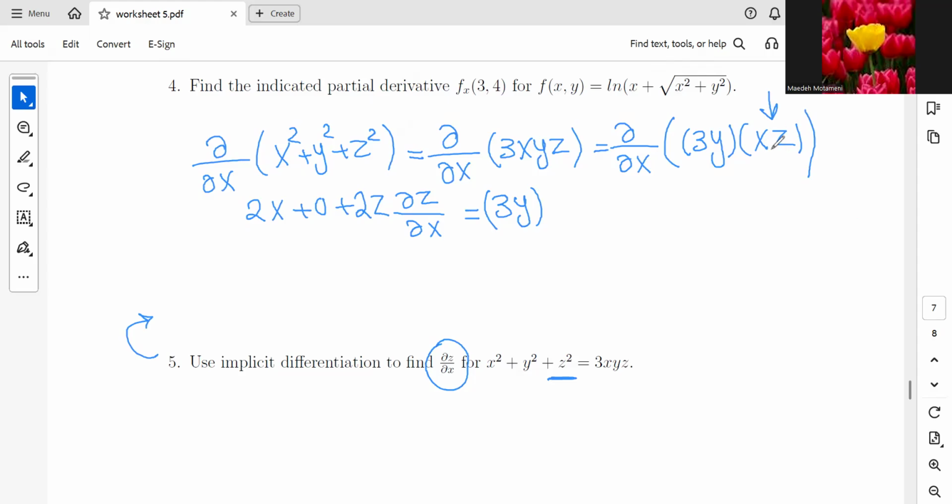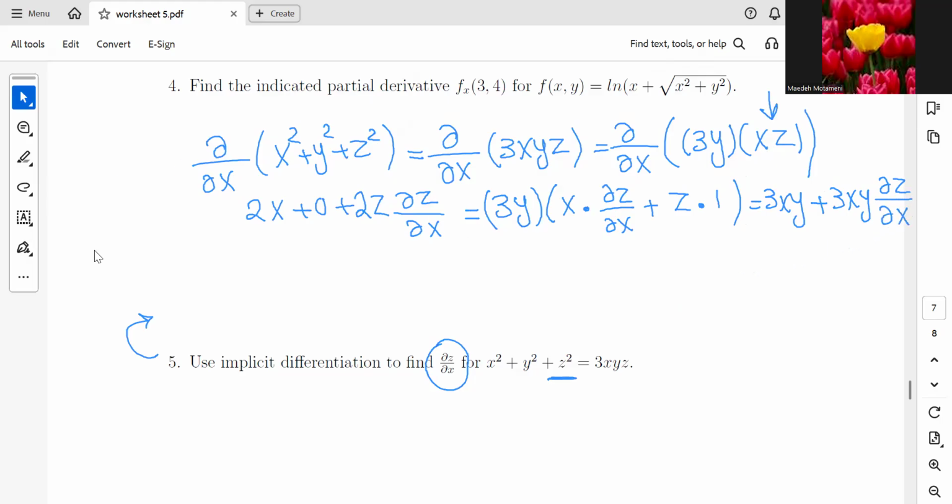So we should consider both of them. So copy the first one, derivative of the second one, plus copy the second one and derivative of the first one. Makes it 3yz plus 3xy times the derivative of z with respect to x.